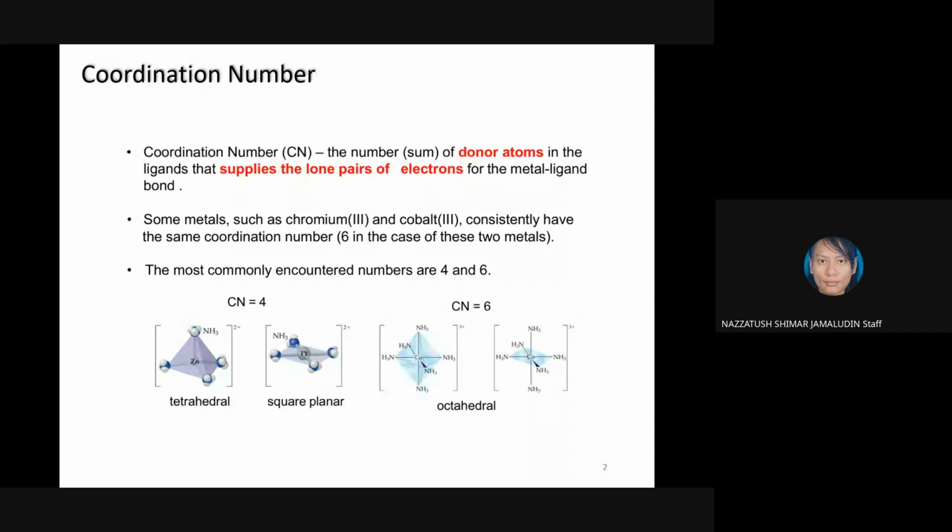So that oxygen, when coordinated to the metal, is called the donor atom, all right? So it is the number of donor atoms in the ligands that supply the lone pairs of electrons to the metal-ligand bond. By reading this, you may get a bit confused, but what this sentence is telling you is that it is the number of bonds that form between metal and ligand, that's it, okay?